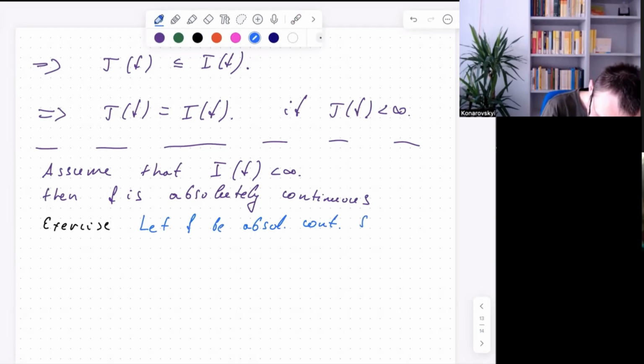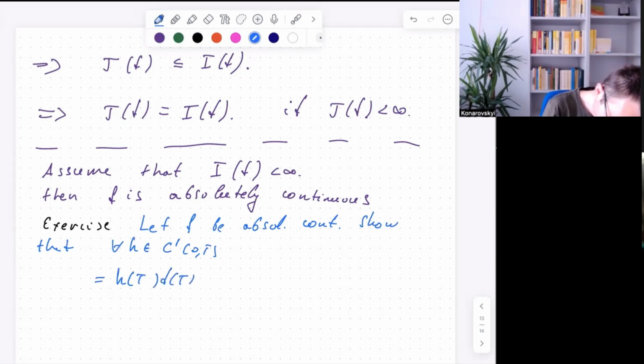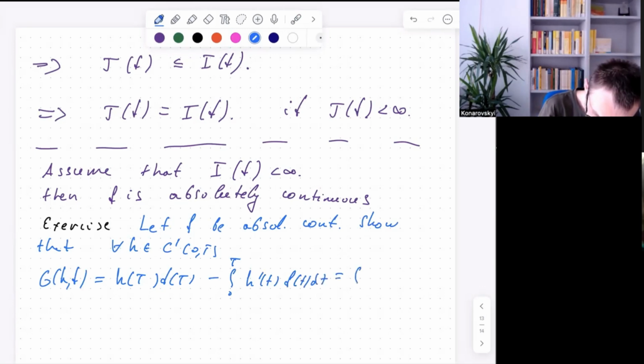Show that for every h from C0 on 0 to t, one has that h(t) f(t), minus the integral from 0 to t of h prime of t times f of t dt, is equal to the integral from 0 to t of h of t f dot of t dt.